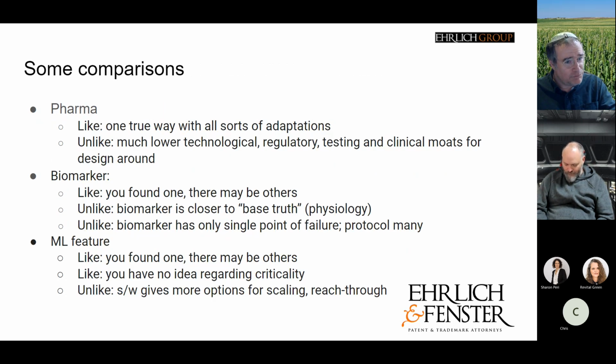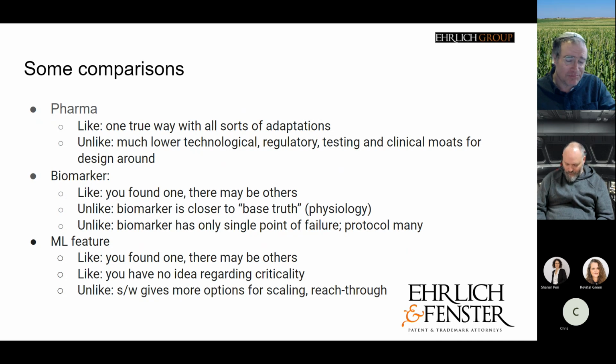I'd like to compare protocols to 3 different types of IP. We talk about pharma. So in pharma, you have one true way, the drug, and all sorts of adaptations, also in protocols. What's unlike is that in pharma, you have very high moats of technology, regulatory, testing, and clinical, which means it's more difficult for somebody to design around once you've got there.